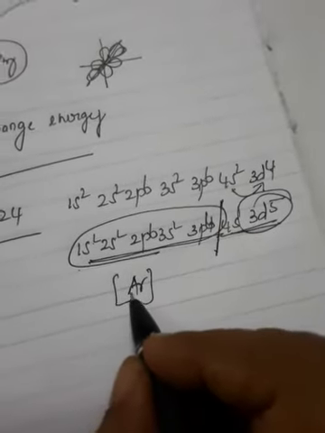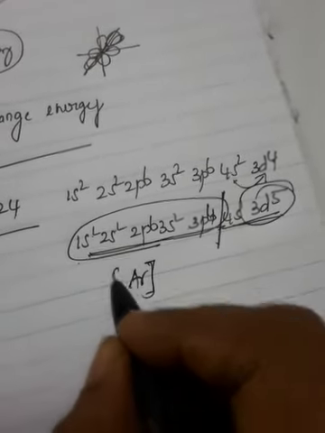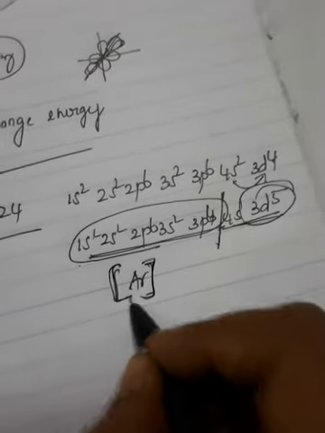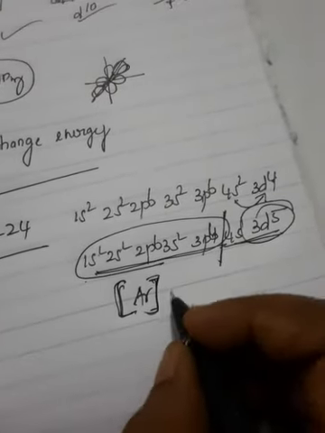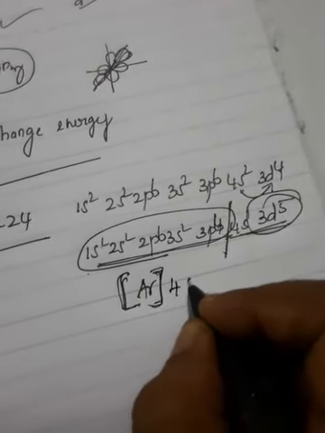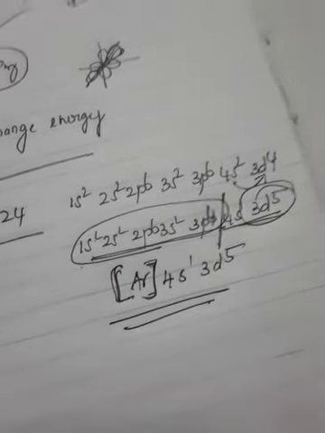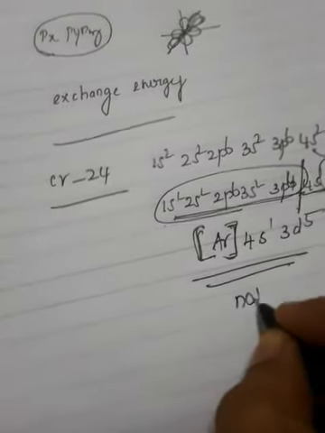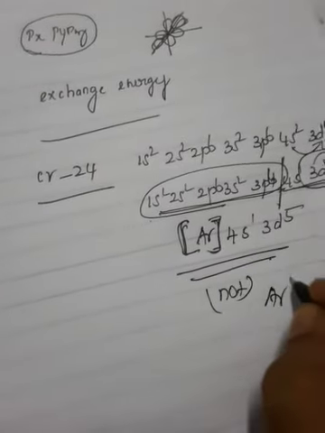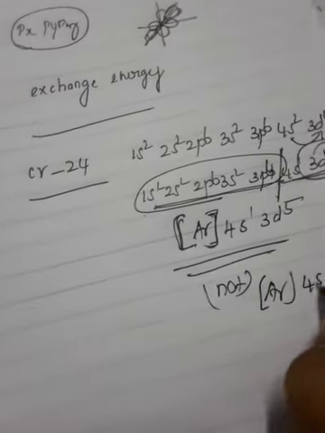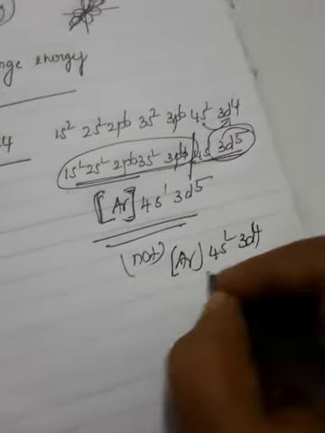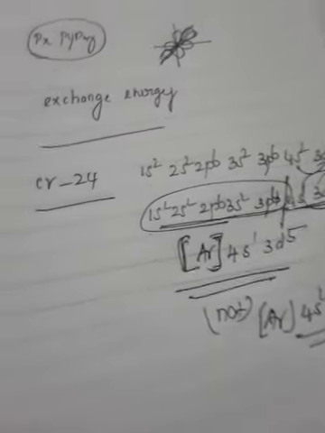For this one we can write argon electronic configuration in bracket, then we can write 4s1 3d5. This also can be written as argon configuration 4s1 3d5, and not argon configuration 4s2 3d4.